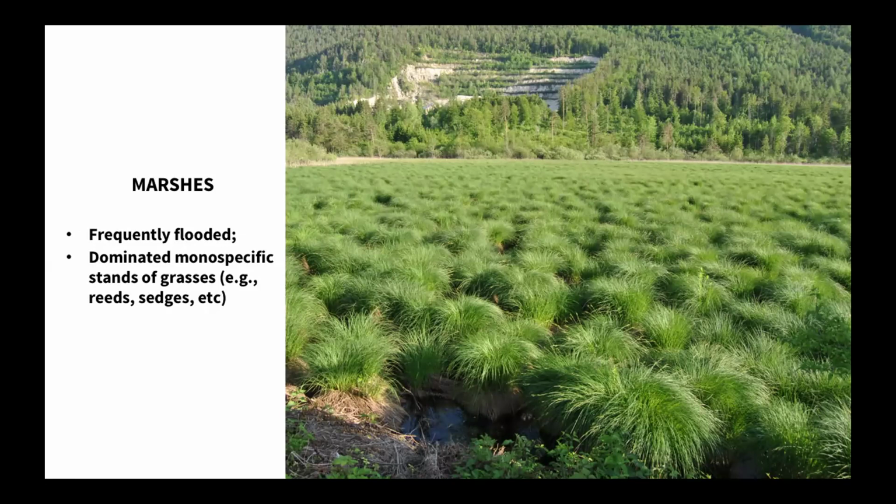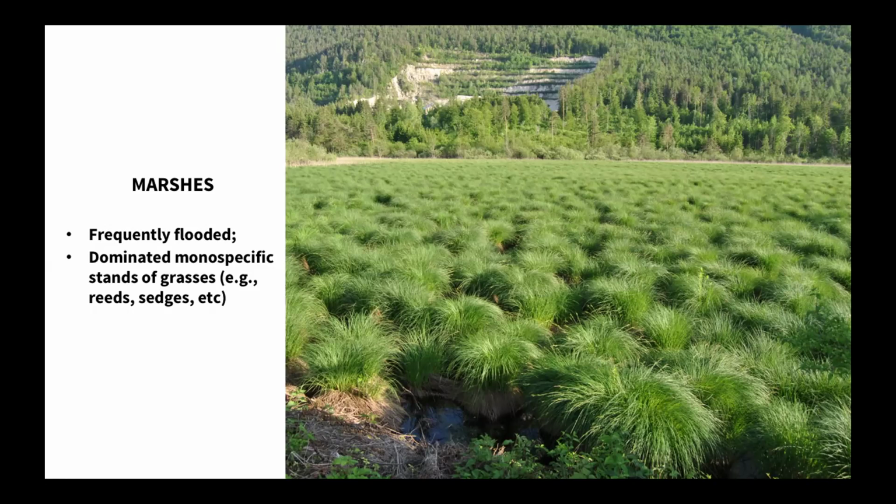In fact, usually marshes are very frequently flooded, if not always. They're usually located on the valley floors in nutrient-rich environments. They tend to be dominated by monospecific stands of some grass-like species. One example can be this sedge bank here in the area of the geopark, but other examples can be reeds or Typha plants.